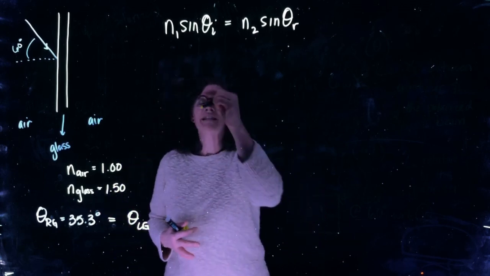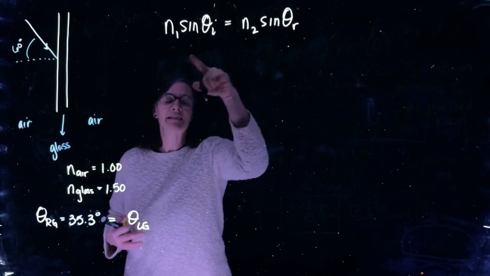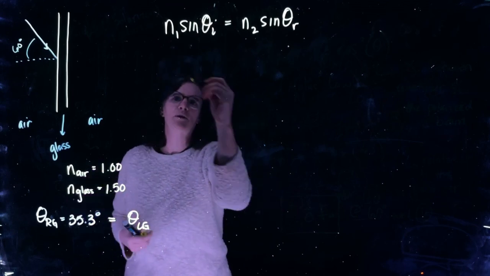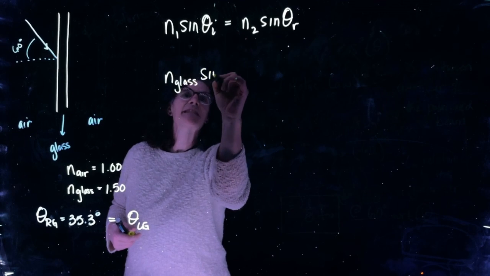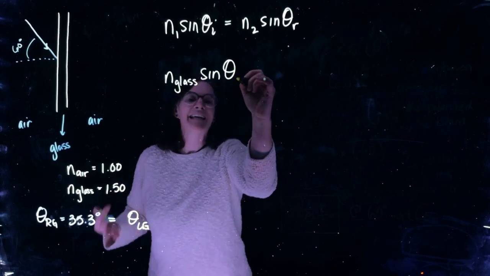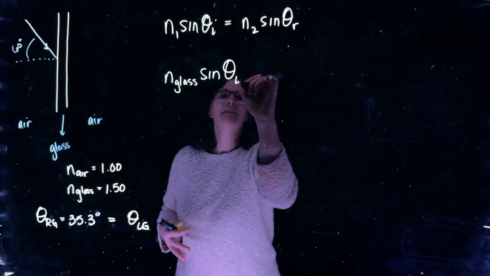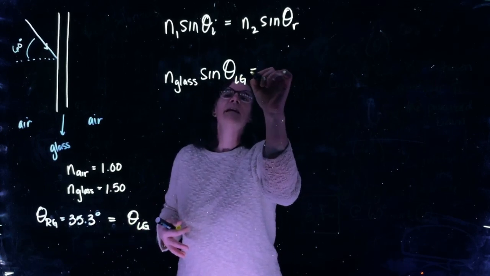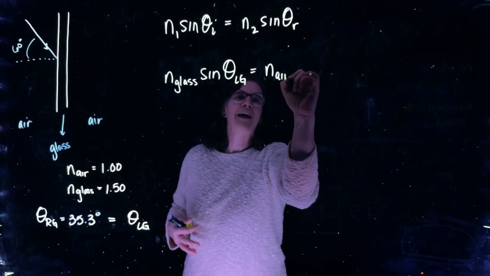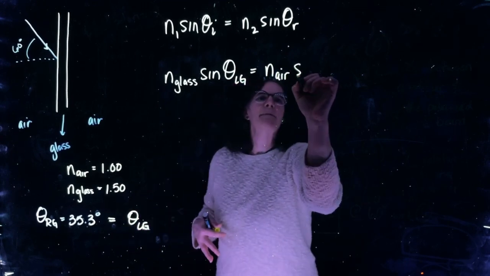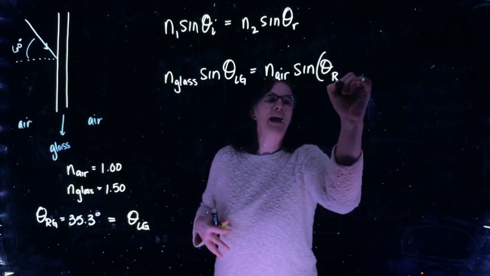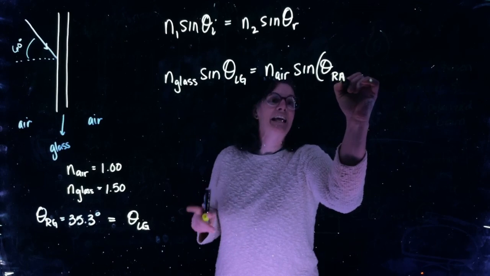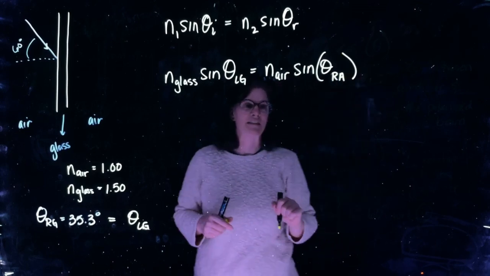So using Snell's law, if we consider the left side of the equation the incident side, now we are dealing with the index of refraction in glass times the sine of the incident ray in the glass is equal to the index of refraction in air times the sine of the refracted angle in air. And this is what we're interested in solving for.